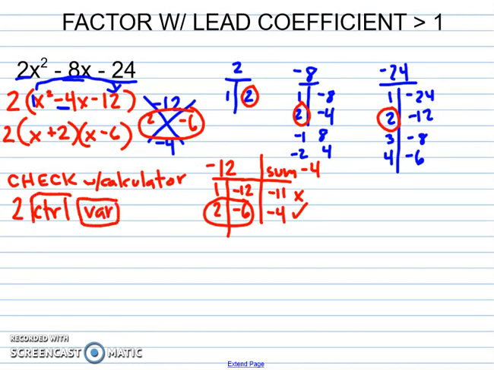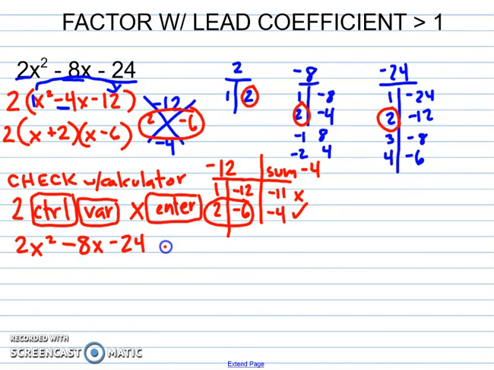Remember, VAR is right above 9, x, and then hit the enter button. Okay, then once I have that, I've told the calculator make x 2. And so then I'm going to type in the original one, 2x squared minus 8x minus 24. Hit enter.